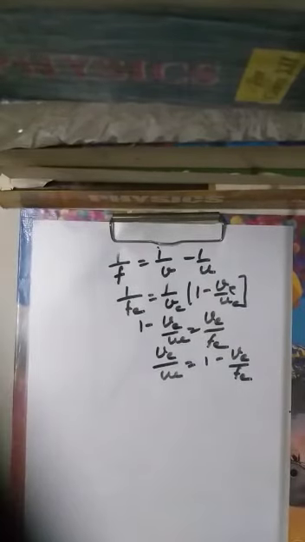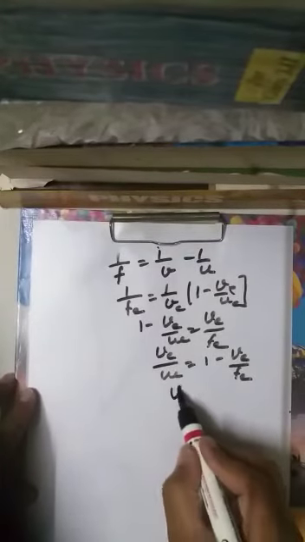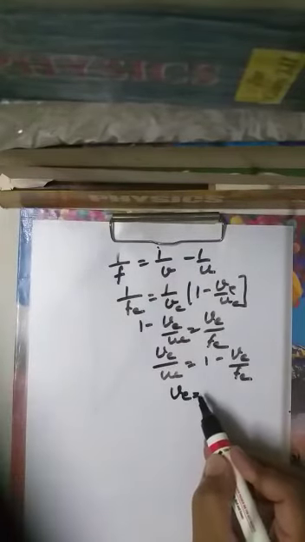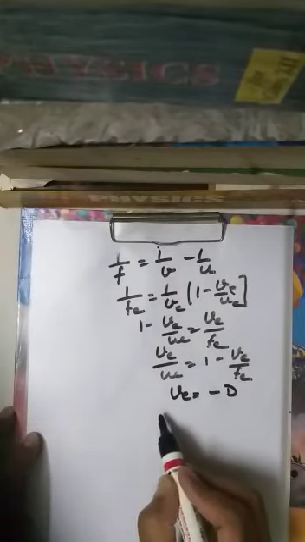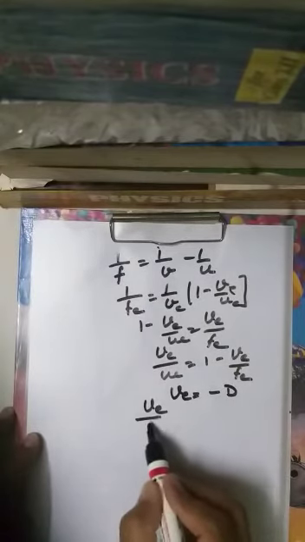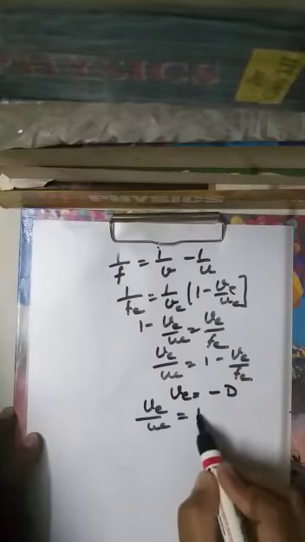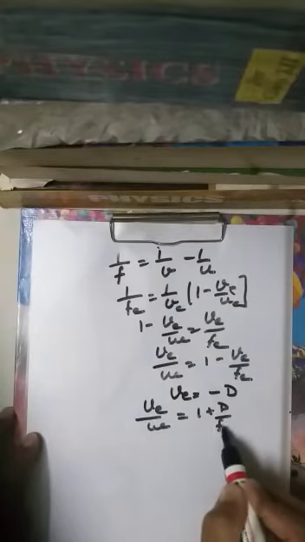If the final image is formed at the least distance of distinct vision, it means vE is equal to minus D. Then vE upon uE is equal to 1 plus D upon fE.